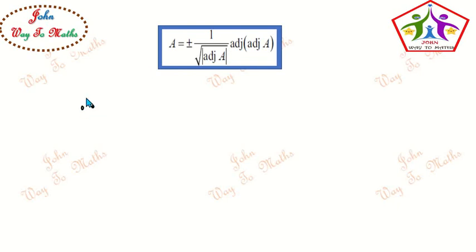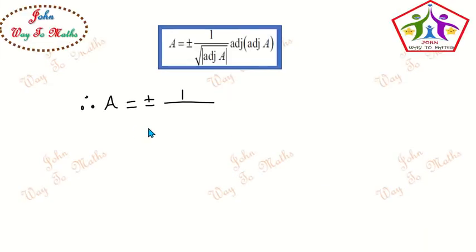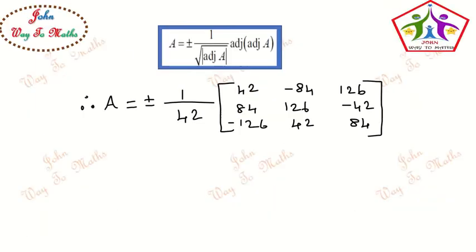The value is plus or minus 42, so we substitute this matrix. 42 is common in the matrix, so take 42 outside: 42 by 42.